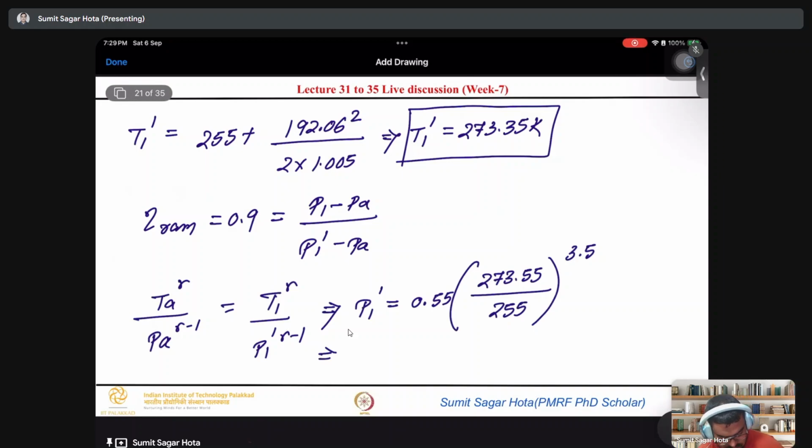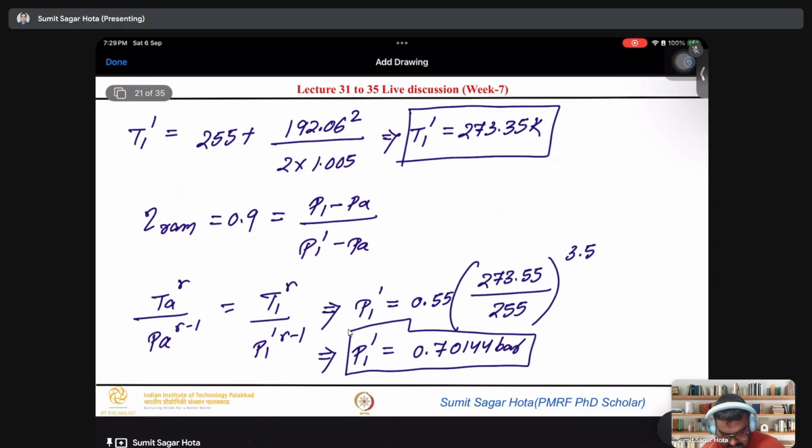So P1 dash is equal to 0.70144 bar. Substitute here and find out P1.